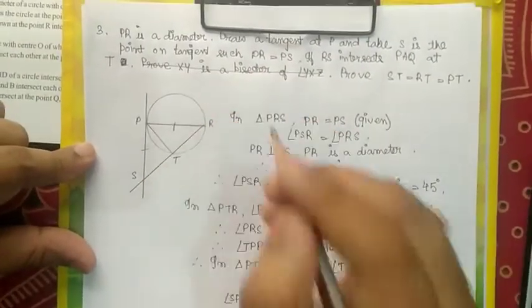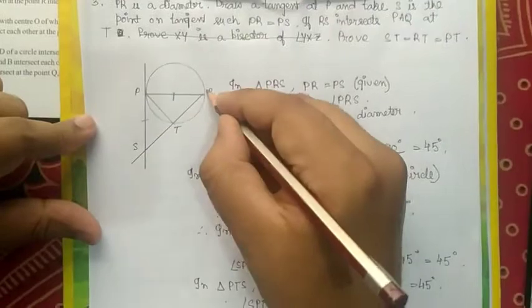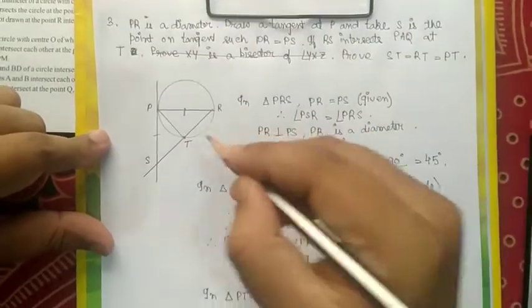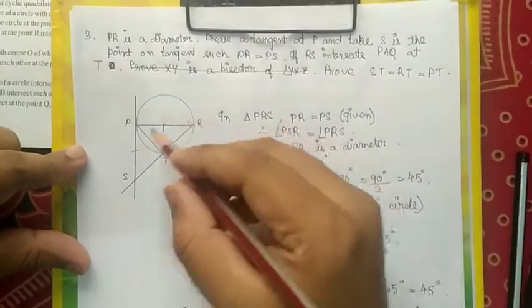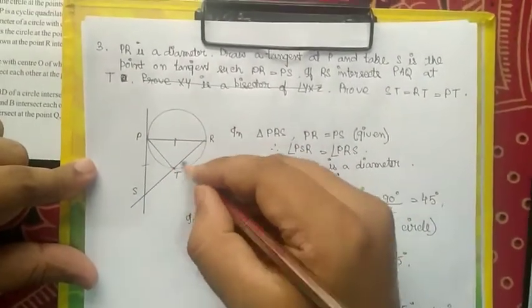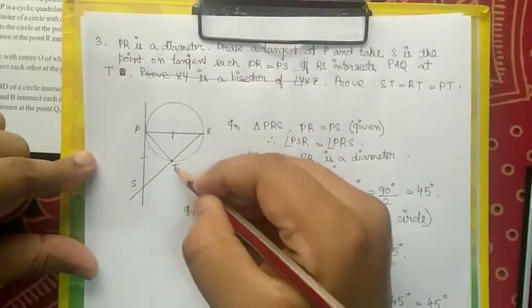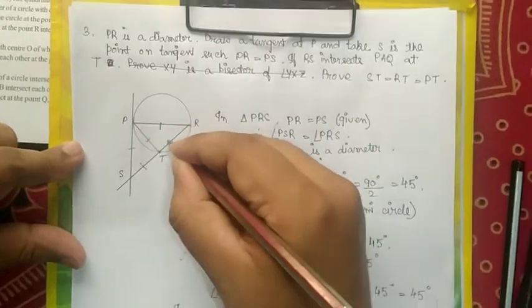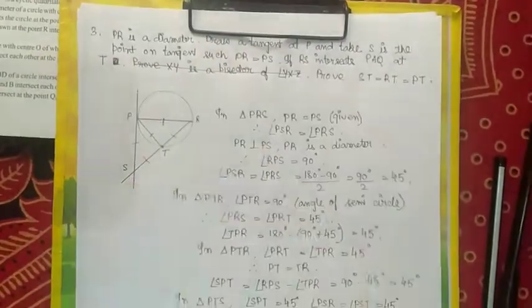This is given in the question. If RS intersects the circle at the point T, so we have to prove that ST, this one, equal to RT, this one, equal to PT. These three sides are equal. We have to prove that.